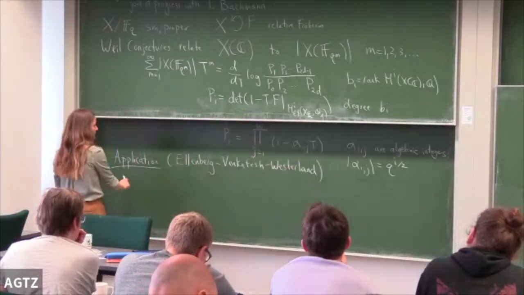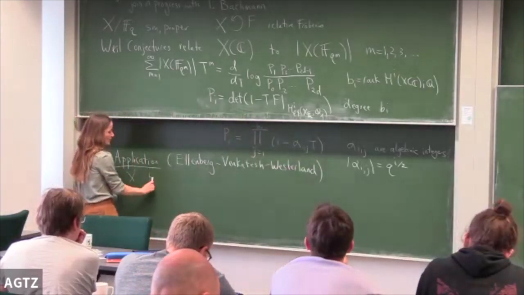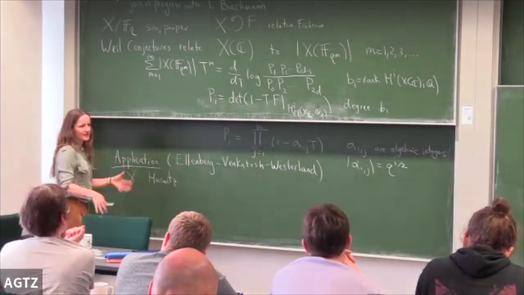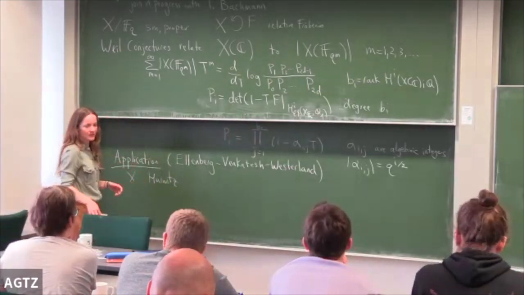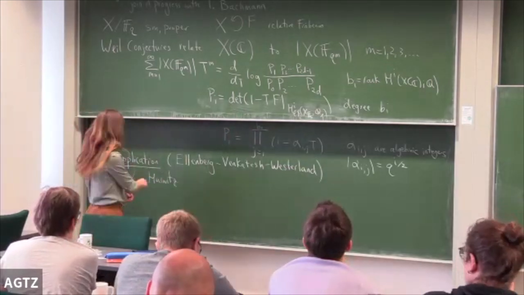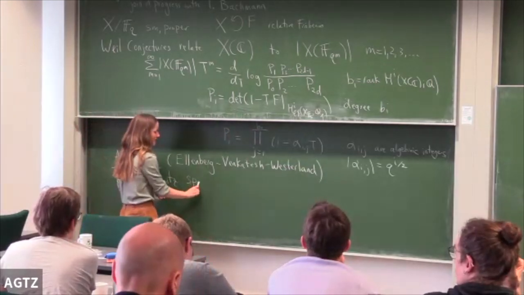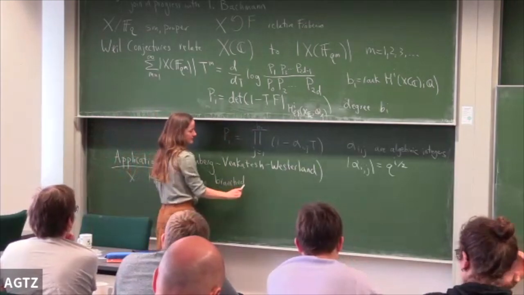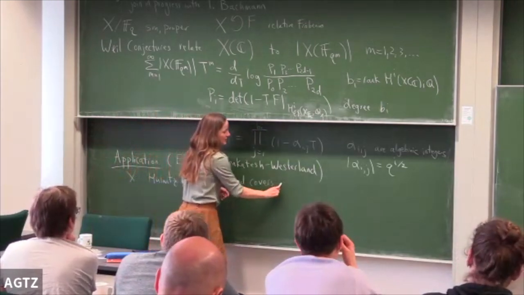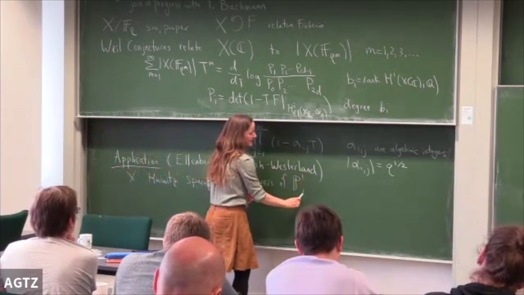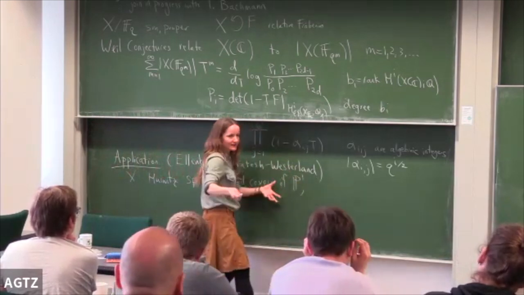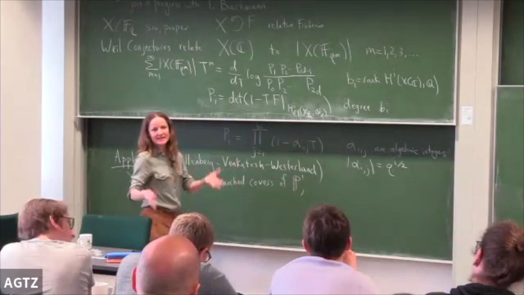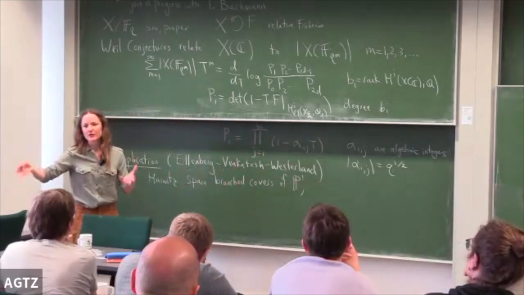So if you look at X, a Hurwitz space is a moduli space of some kind of degree d cover, maybe with a fixed Galois group, of P1. So Hurwitz space, this is a moduli space of branched covers of P1. Sometimes you make them connected, sometimes you make them degree d, sometimes you make their Galois group a fixed group.